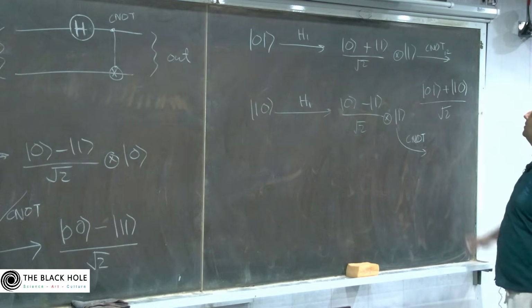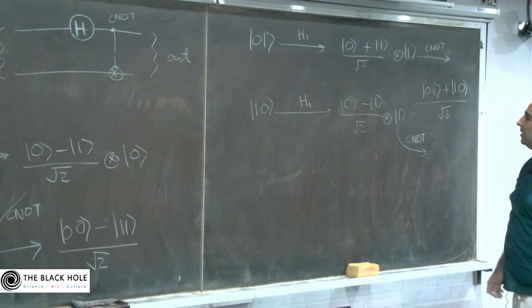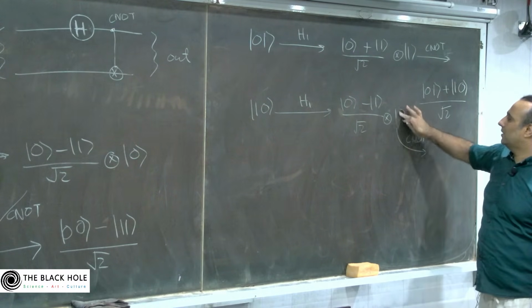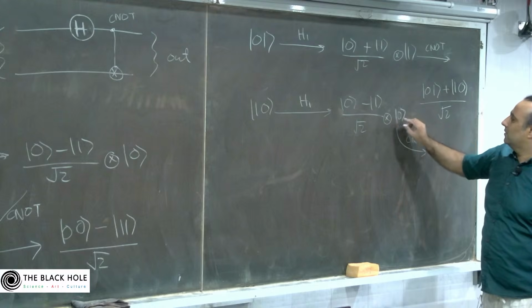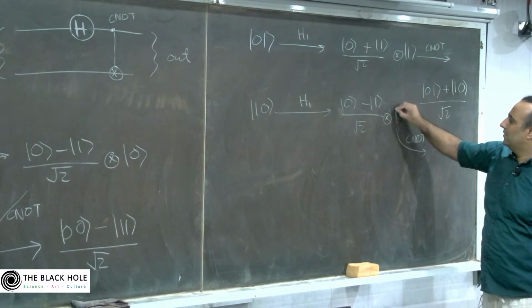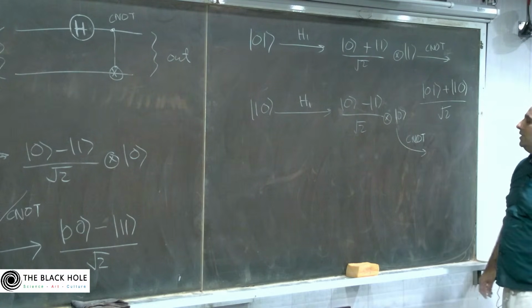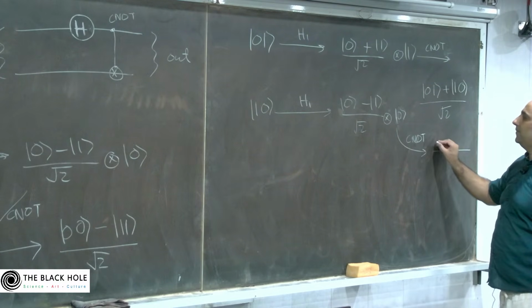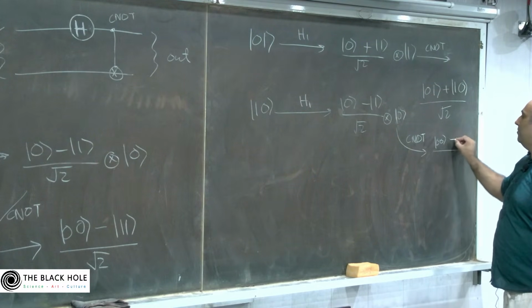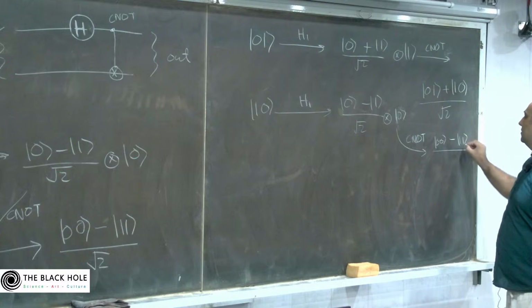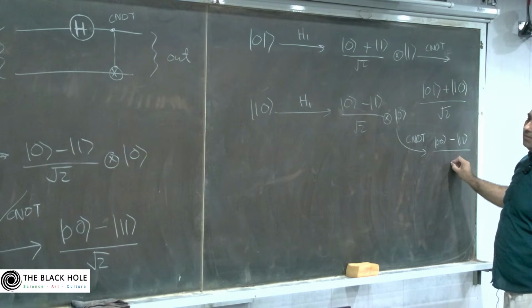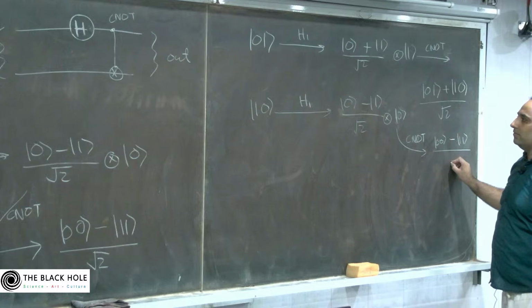There are two, so we don't need this one too. Okay. This is 0 here. So now CNOT would give us 0 0 minus 1 1. We already made that, no? Which one?